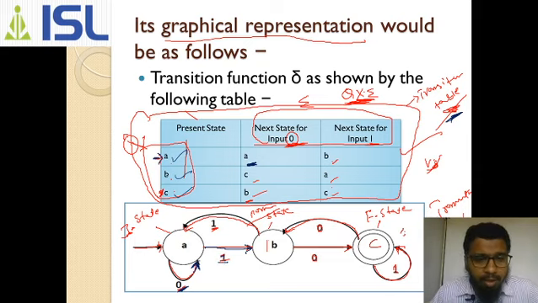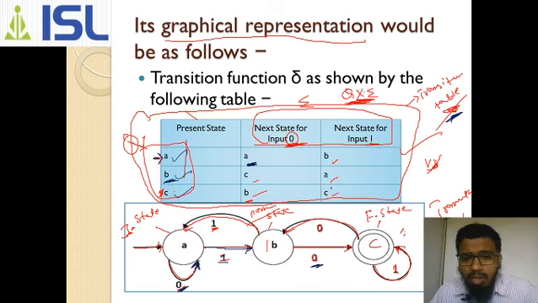In the same way, B is going to C when the input is 0. B is going to A when the input is 1.